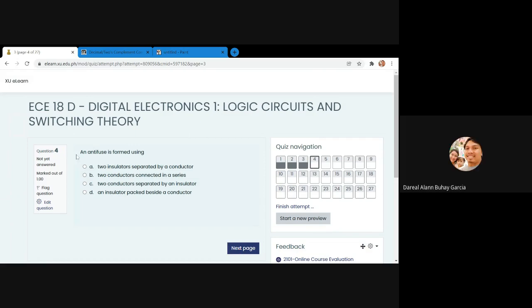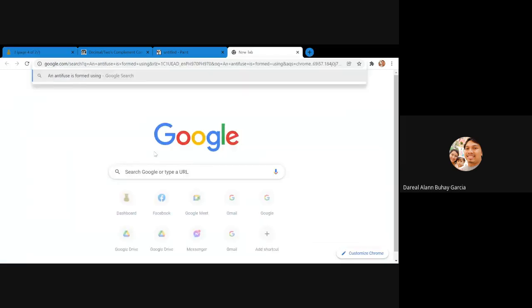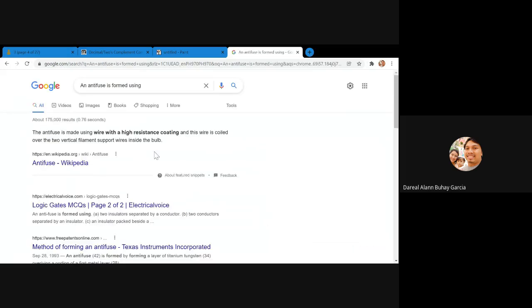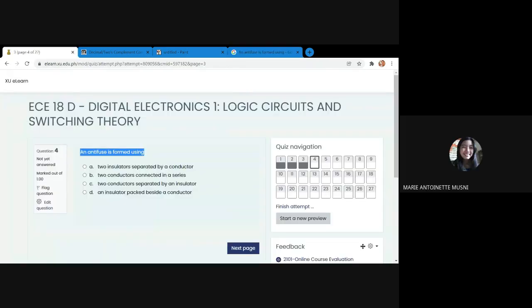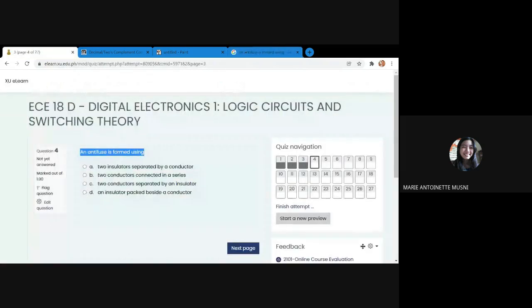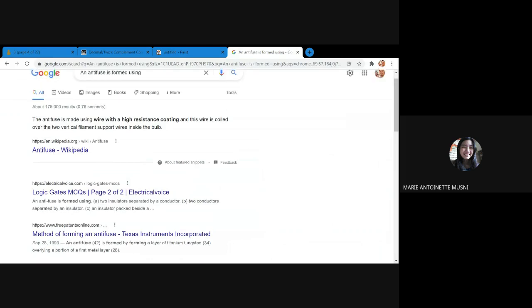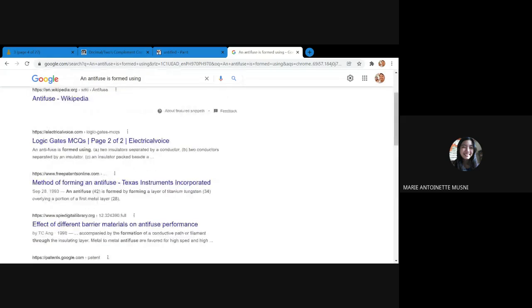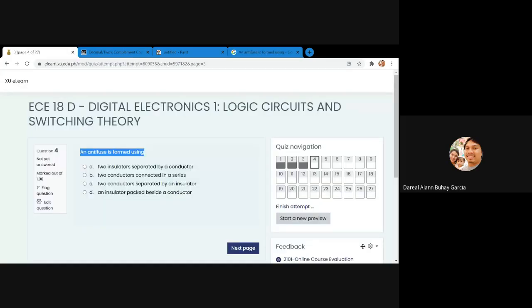What's an anti-fuse? Naglagay kayo ng logic na question.